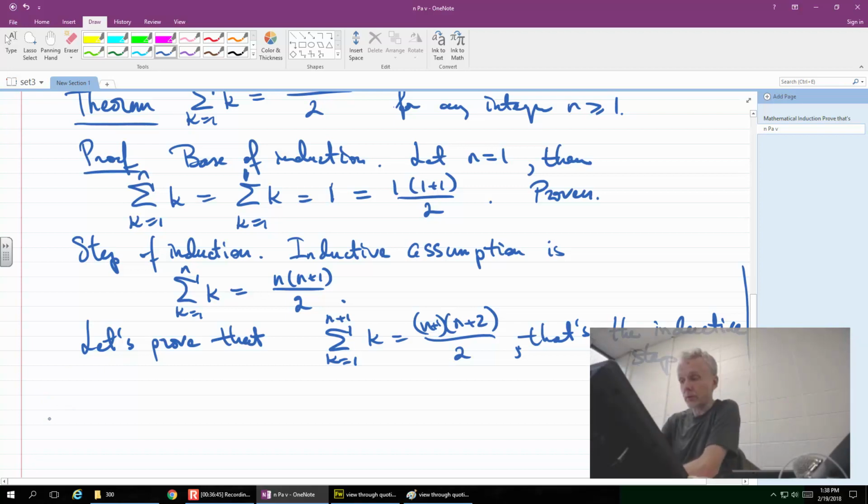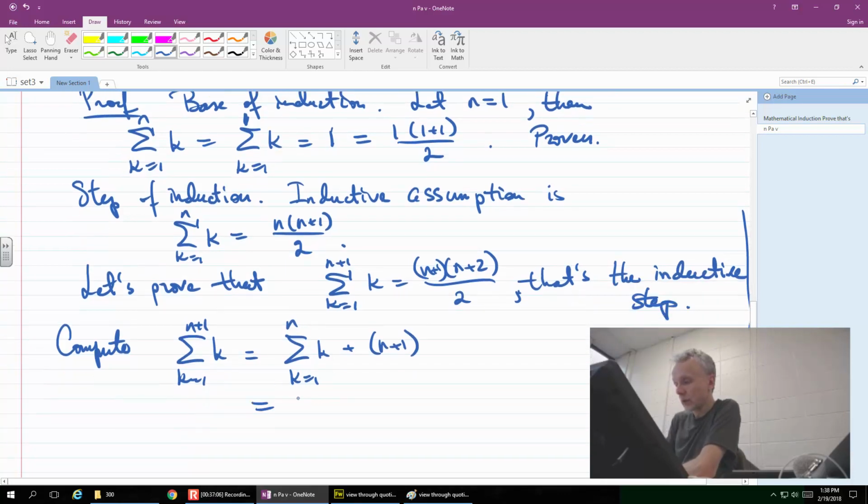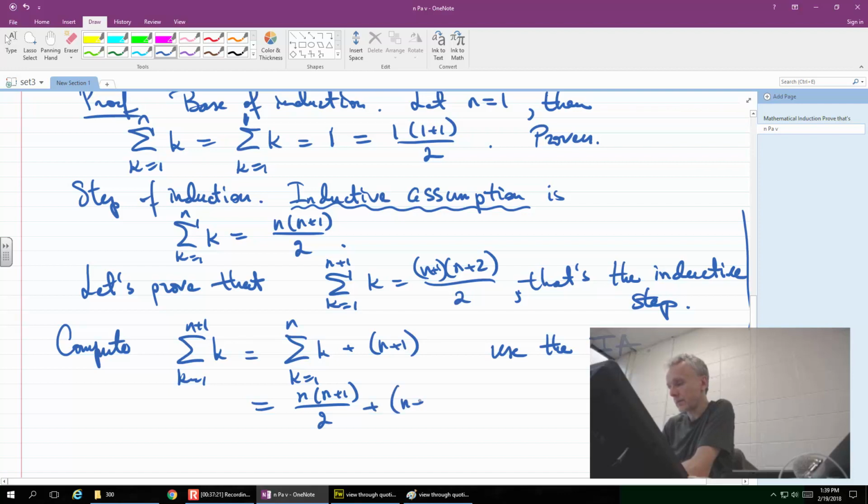So the idea is to substitute. Compute the sum of k from 1 to n plus 1 of k, which is the sum of k from 1 to n, plus n plus 1. Now use the inductive assumption and substitute. So this will be n(n+1) over 2 plus n plus 1.